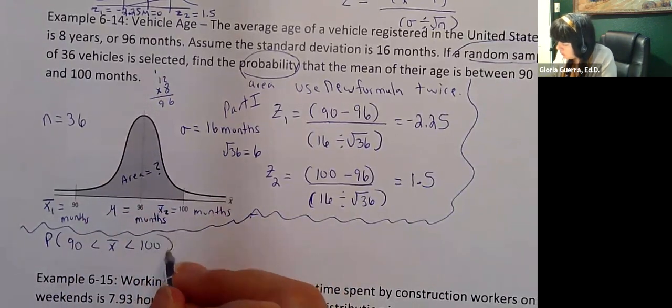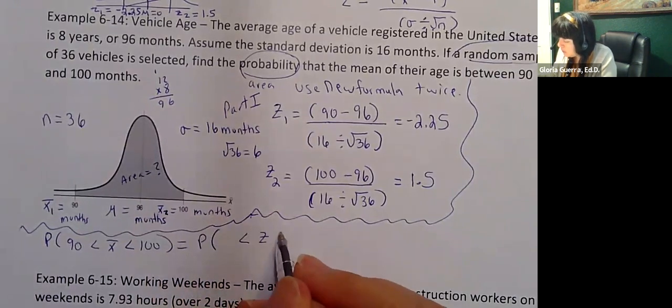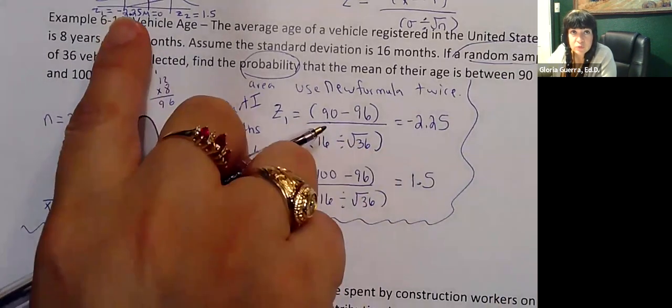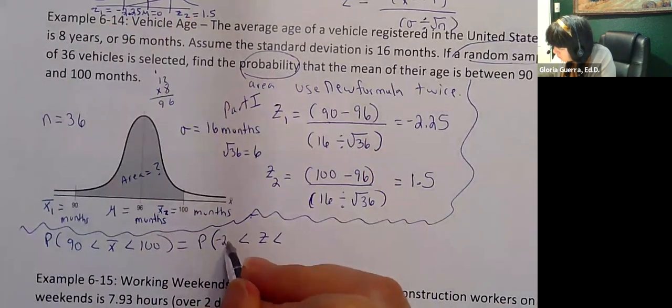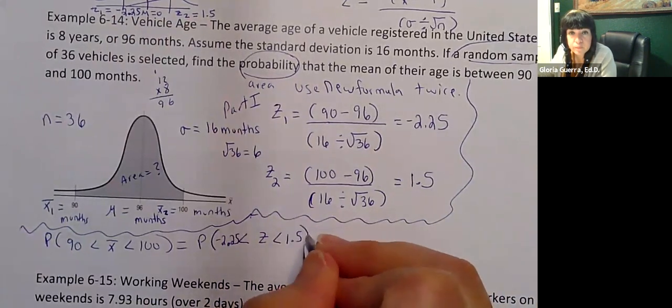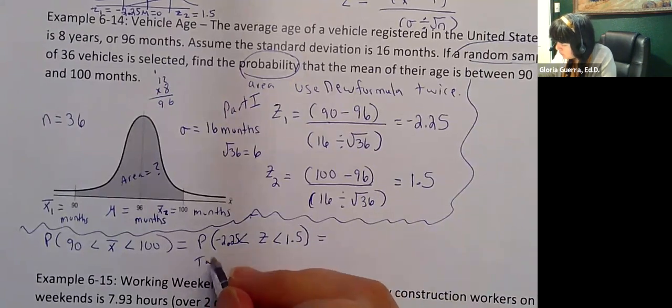Then we ran it through the formula and they became z's. And now we have it between negative 2.25 and 1.5. Then we're going to use the table.